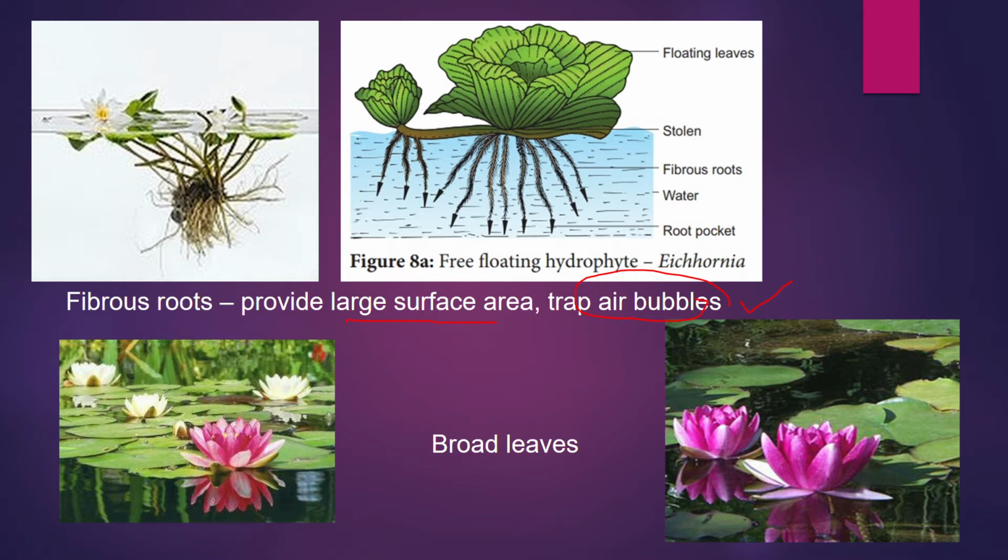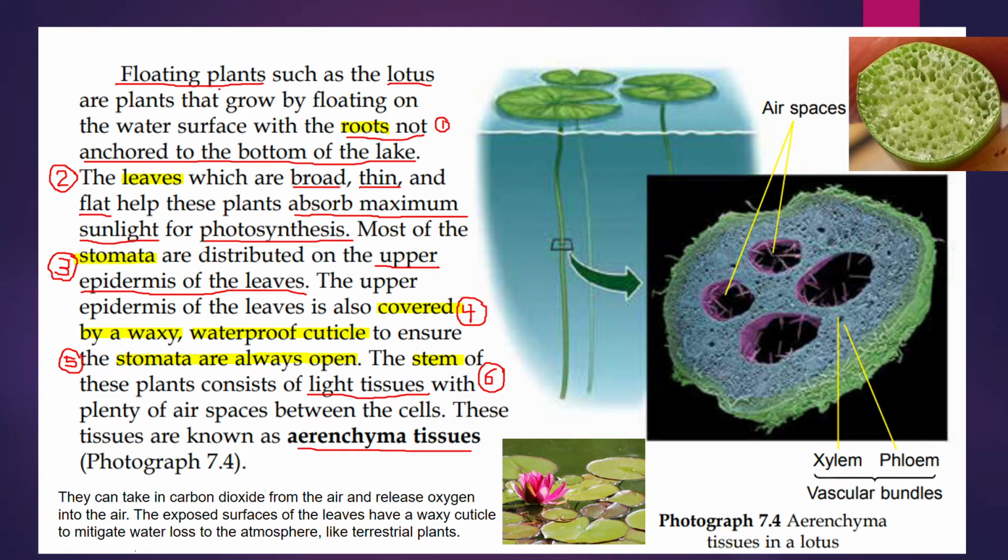Okay, next one, if you can see the picture right here, ini adalah pokok bunga teratai dengan daunnya yang sangat besar kan, okay, lebar. So we call them having these broad leaves. Okay, floating plants, such as the lotus, pokok bunga teratai, able to float on the surface of the water. Dia boleh terapung.